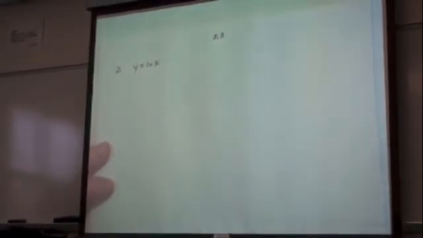So, 8.3, number 2. So, let's say I give you a natural log function, and I want to find the center of mass of the natural log function from x equals 1 to 3.